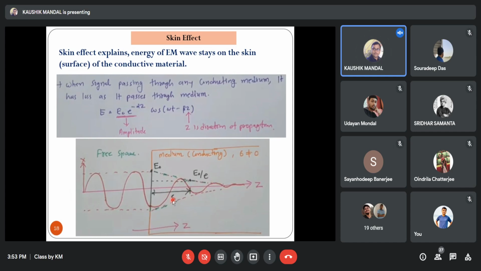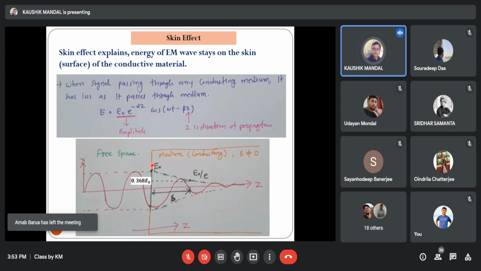Now, a particular distance is marked at this point, where the value of z is defined by delta. For this depth, the amplitude of the electric field E0 will be attenuated to the e to the power minus 1 value, that is, to 0.368 E0.